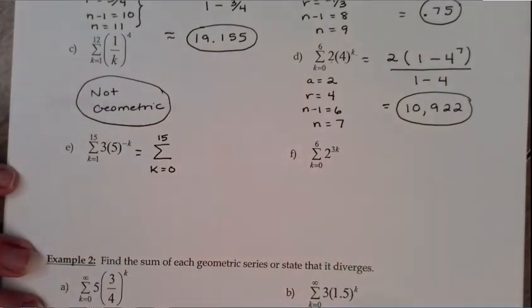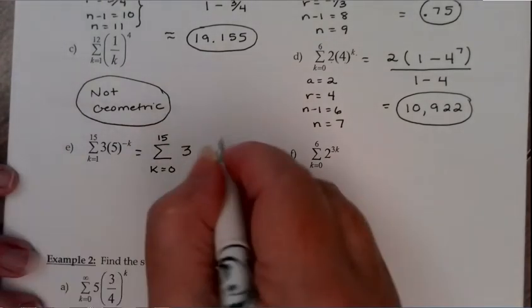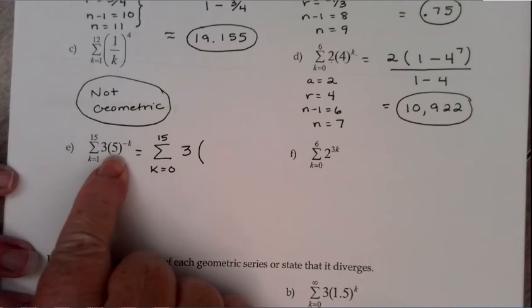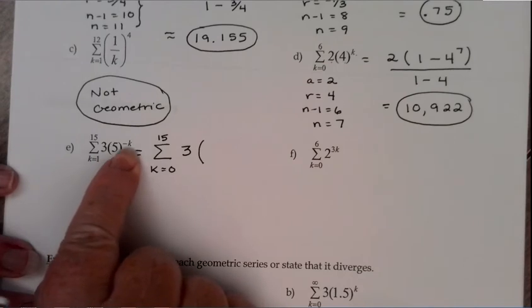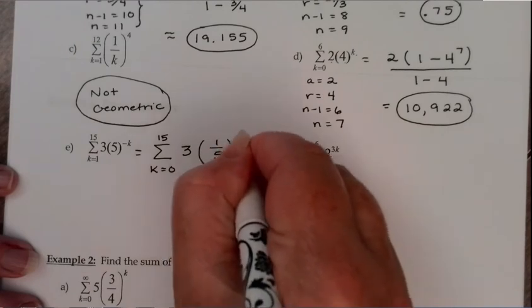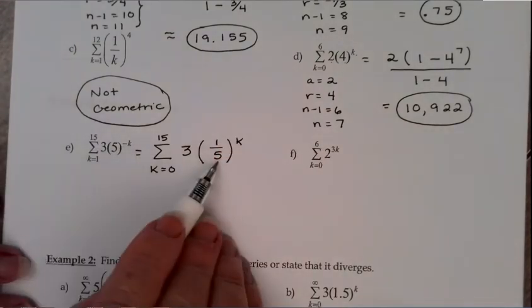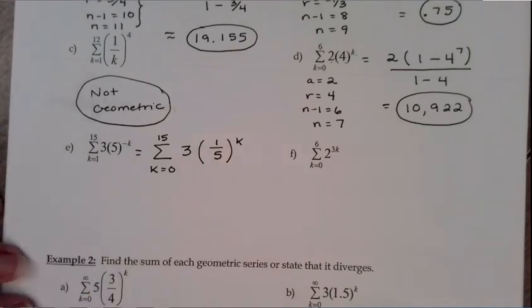So k equals 0 to 15. And then I've got the 3 times. And then instead of 5 to the minus k, I'm going to write that as 1/5 to the k. Notice I used the negative exponent to bring the 5 to the denominator, and then I still have the k power there. This now is something that I could use that formula on. It fits the format exactly.